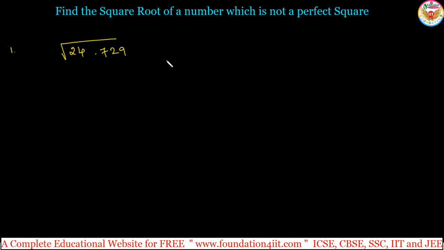Let me take this correct to 2 decimal places first, then we can see the other one. Find the square root of 24.729 correct to 2 places of decimals. After the point we need to get 2 decimal places.